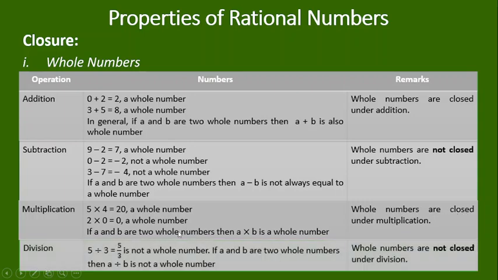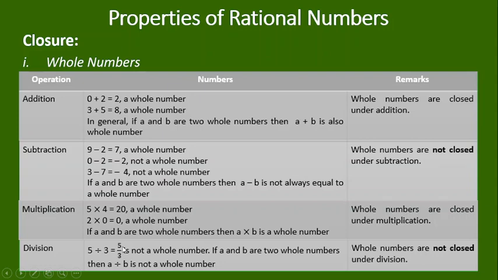Now let's consider the division operation. For the division operation, again we are considering two whole numbers 5 and 3. So if you divide 5 by 3, that is 5 by 3. This is not a whole number. What type of number is it? It's a rational number. Similarly, we can consider any two whole numbers, and if you divide them, then you will not always get a whole number.